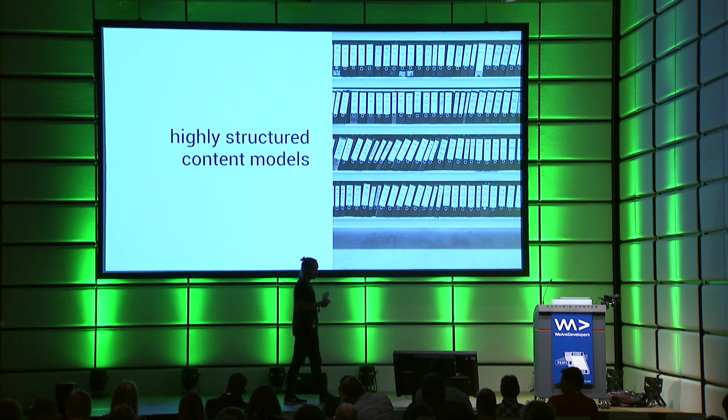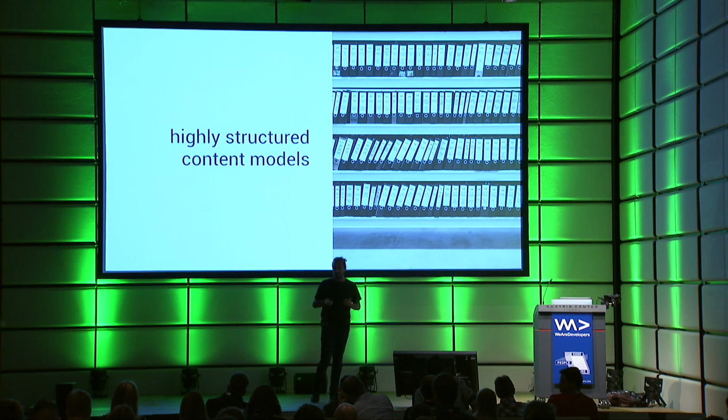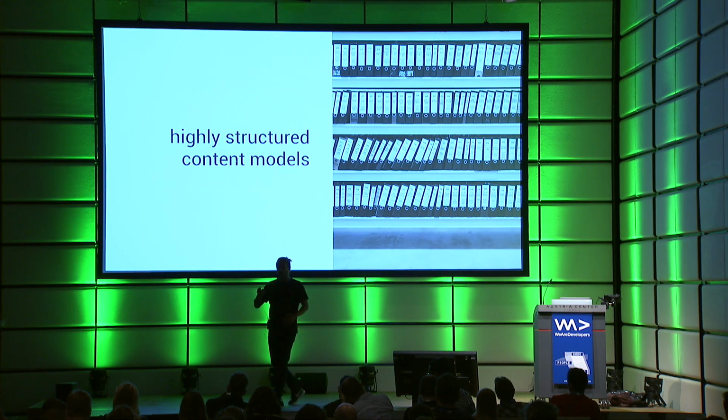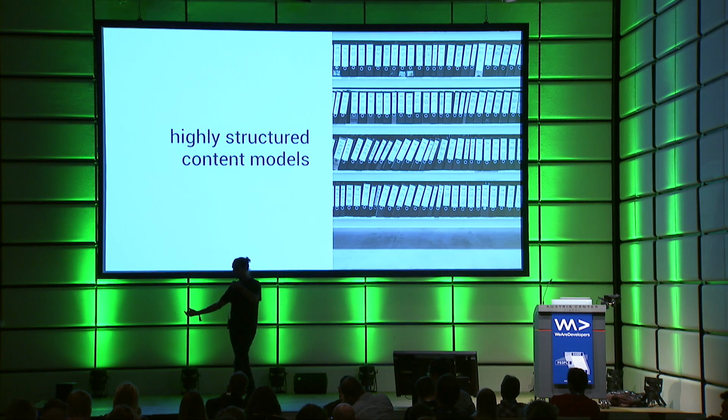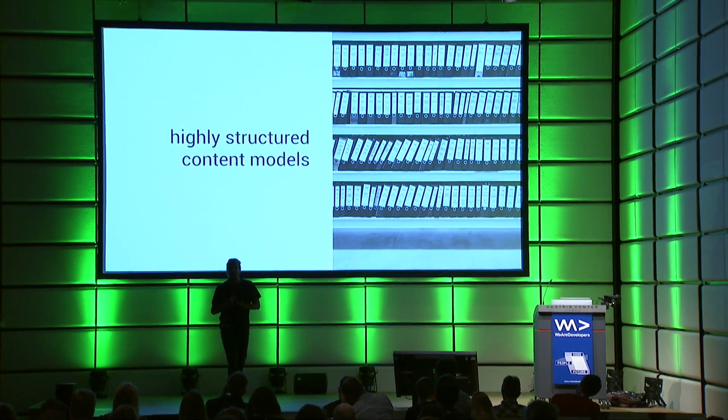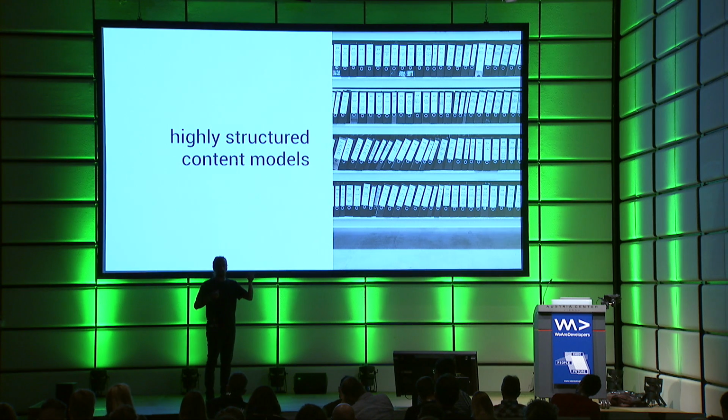If you have your content structured properly and you can describe the bands with its title, with relationship to its members, with relationships to record labels that they are currently working with, and those record labels have relationships to the location where they are, then you can query for this information and you can create these interactions. Whereas if you have to parse that big blob of text, that would be impossible.